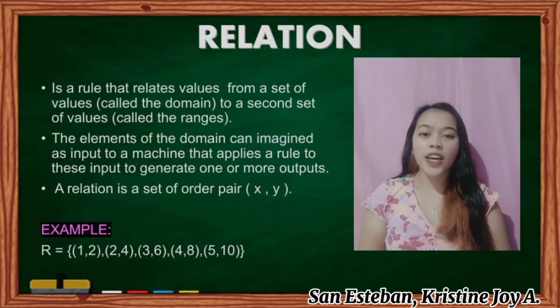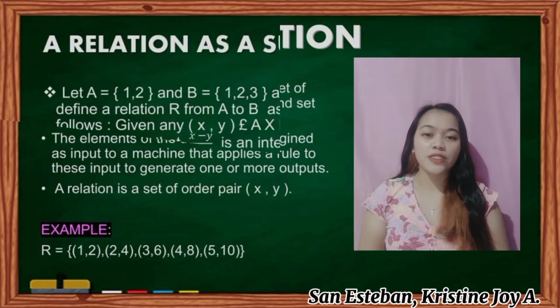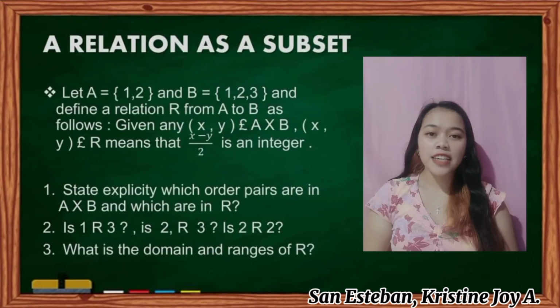So, the 1, 2, 3, 4, and 5 is called the domain. The 2, 4, 6, 8, and 10 is called the range. A relation as a subset. For example, let set A equal 1 and 2, and set B equal 1, 2, 3, and define a relation R from A to B as follows.